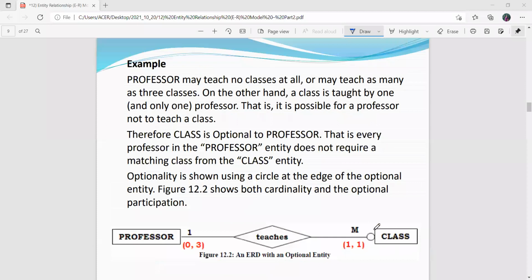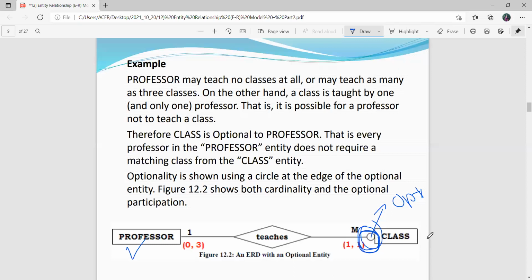So you can denote this optional by using this circle. This should be on the optional entity side. When we consider the professor, class is not mandatory. So this is optional.